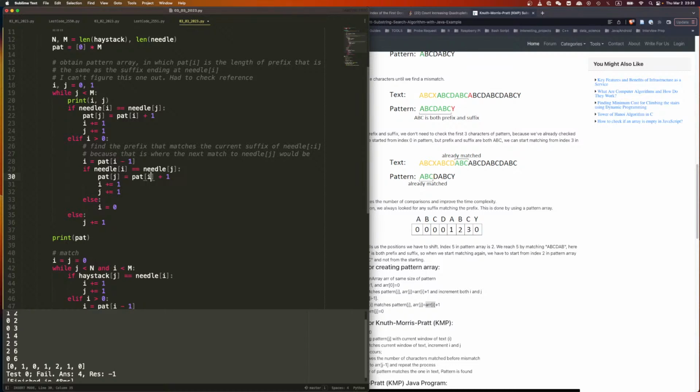I say this, we match in this, which means we match this. So we move I, that makes sense, right? So I now comes here. Now if these two match, right? These two match.